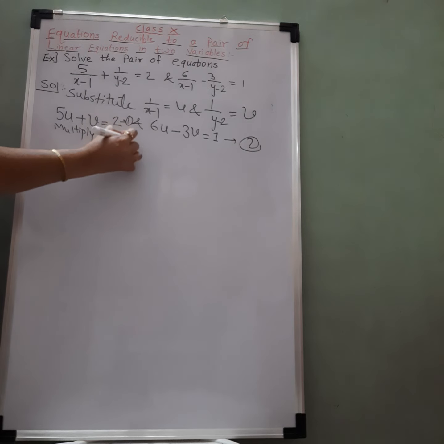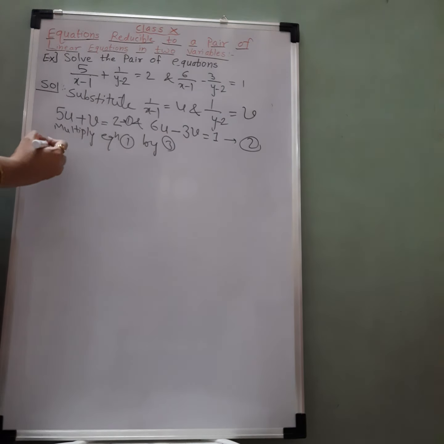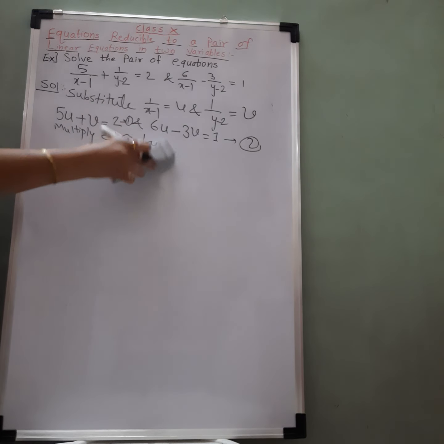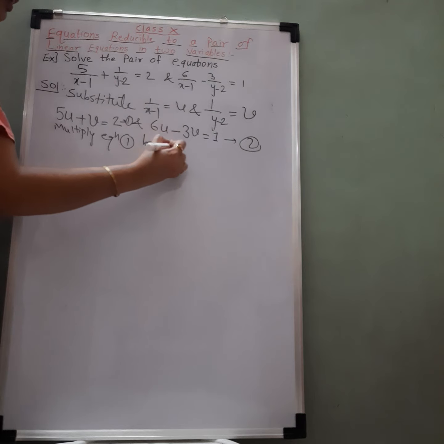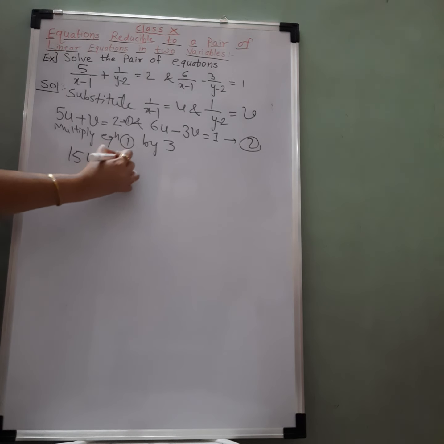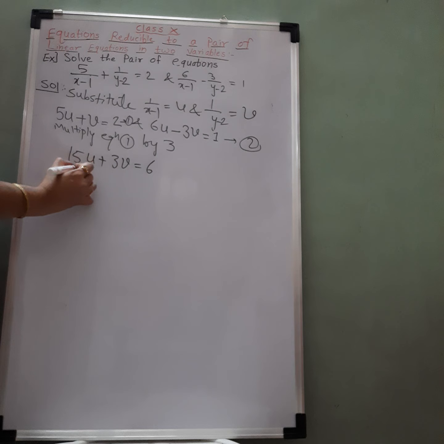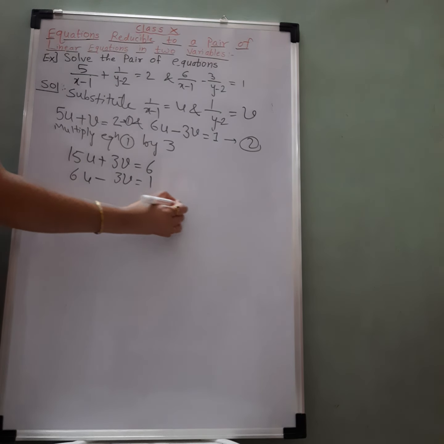So the equation becomes 15u plus 3v is equal to 6, and the second is 6u minus 3v is equal to 1.